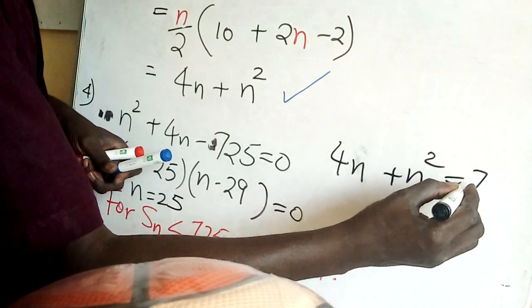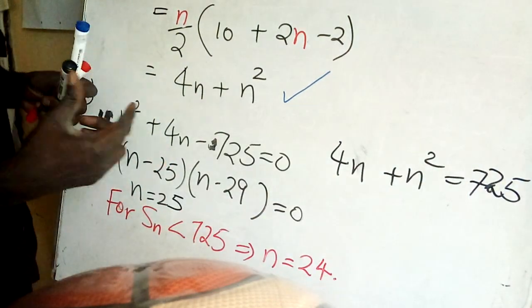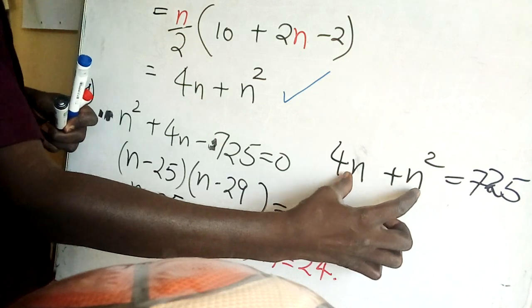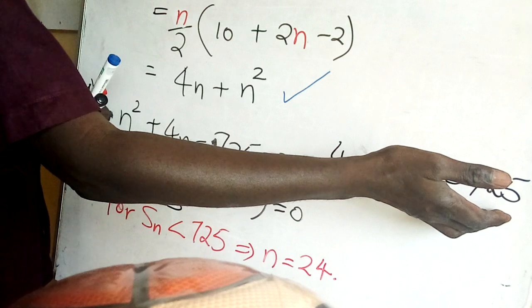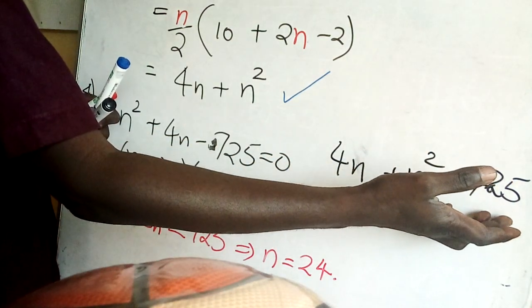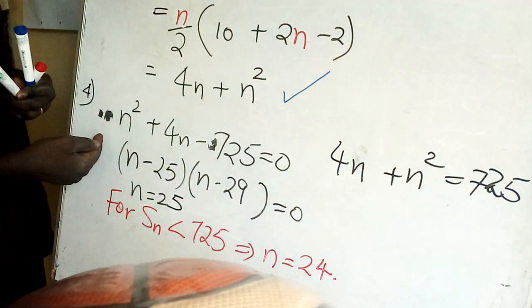We are trying to get the boundary, which will give us 725. This is the sum, a general sum of n terms hidden in a boundary of 725. So we try to solve that.